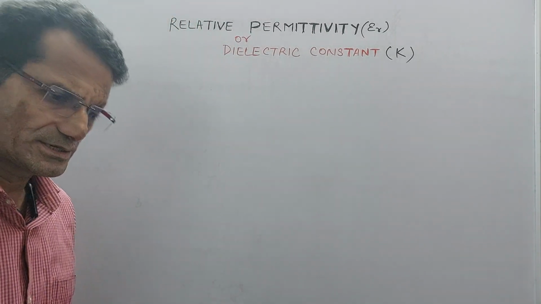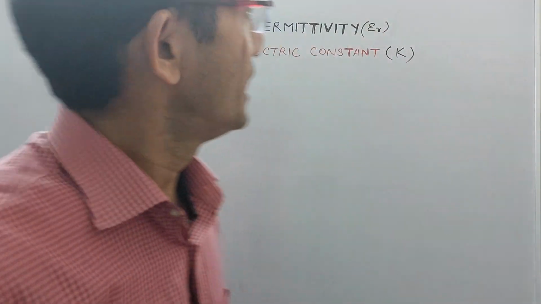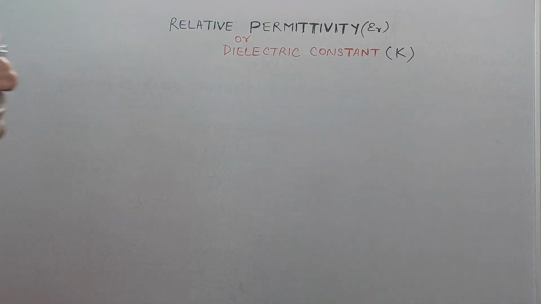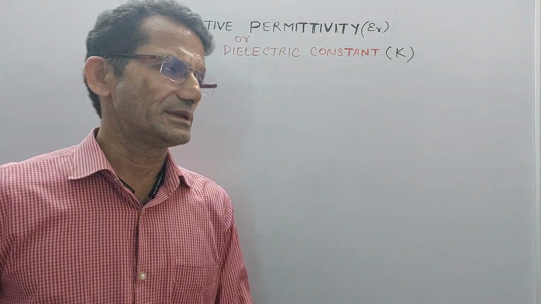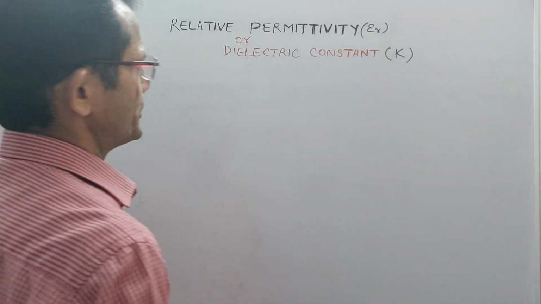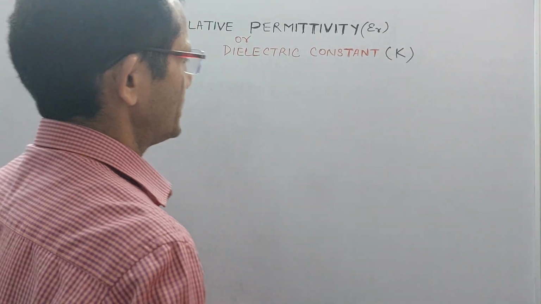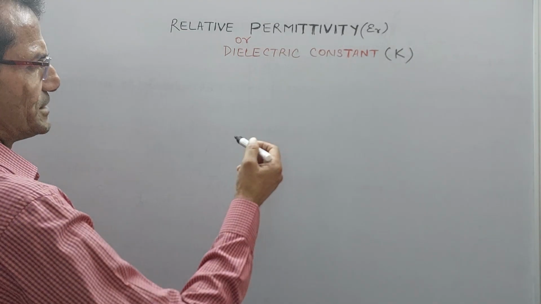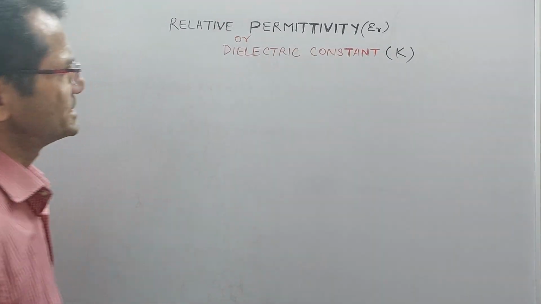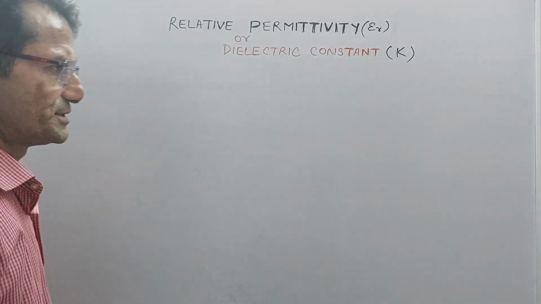These will affect the forces between two charges and the electric fields. If I place a charge in a medium, the electric field will reduce in comparison to the charge placed in air or vacuum. Let us see how the dielectric constant of the medium affects the force between two charges.